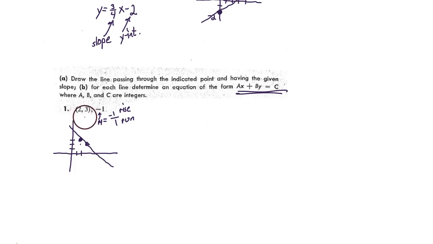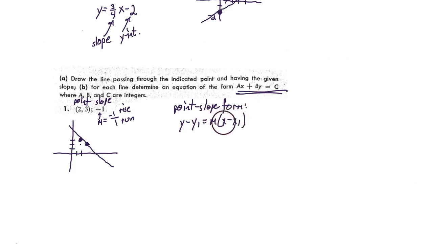Now we're asked to create an equation, and we want the equation to be in this format. Well, what information do we have to work with? We have a point and we have the slope. So let's use point-slope form. The formula for point-slope form is y minus y1 equals m times x minus x1.